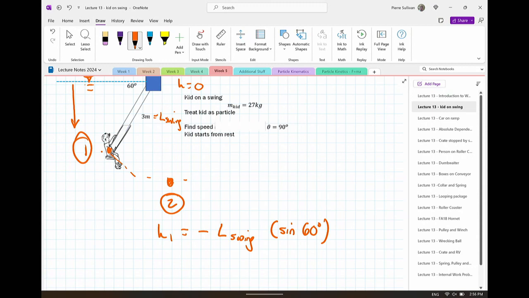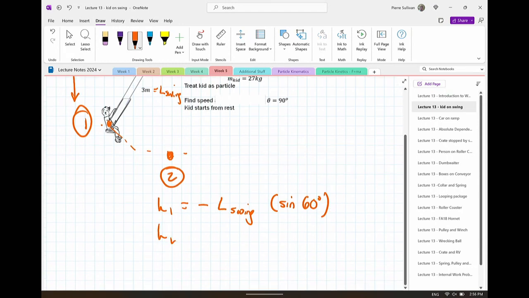So h1, I'm going to spend a lot more time on this than you'll ever do when you solve it on your own. At 90 degrees, the kid has reached the bottom of the swing, and because the kid's at the bottom of the swing, it's just the length of that chord. So the length of the swing. Now again, the kid is below my datum. And so the way I've defined my datum, that's a negative length of the swing, which is negative 3 meters.